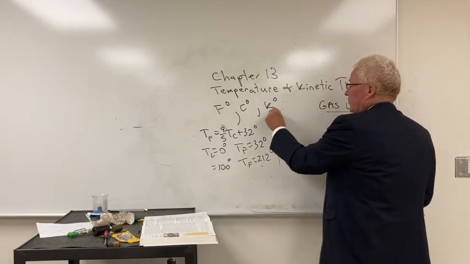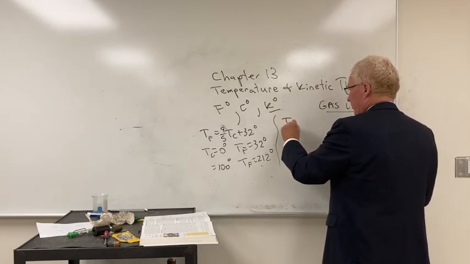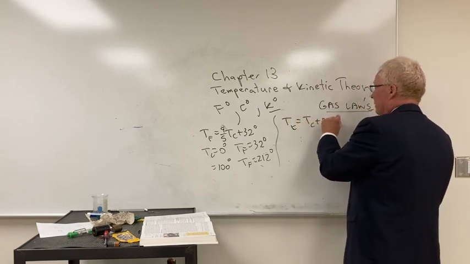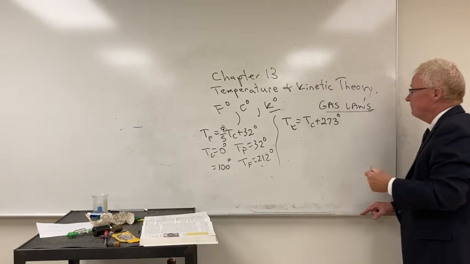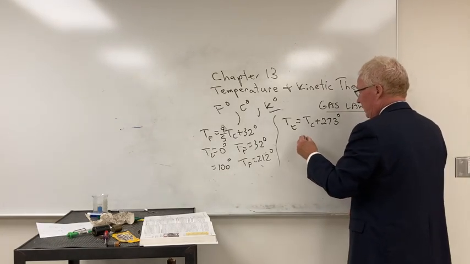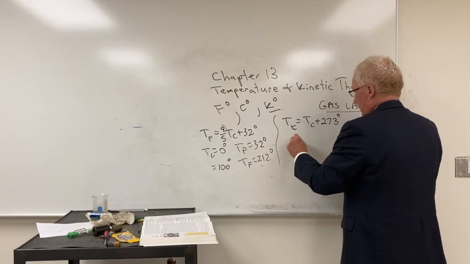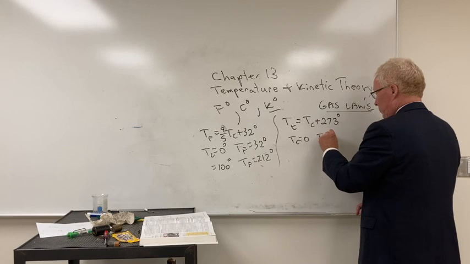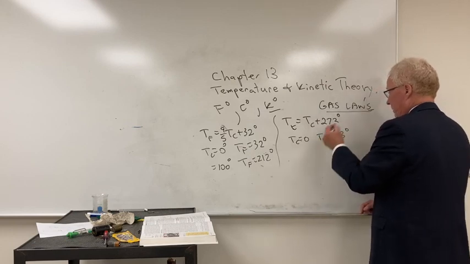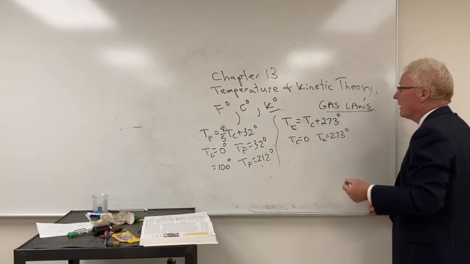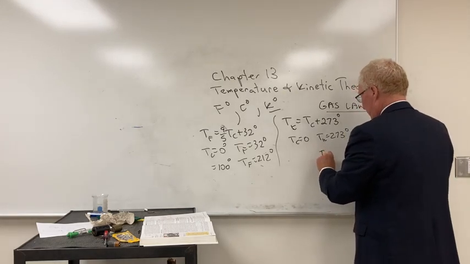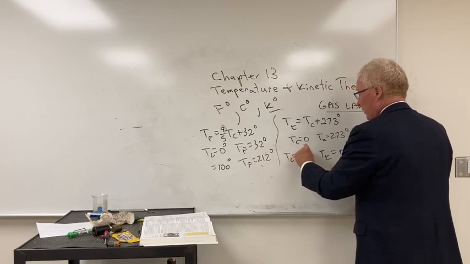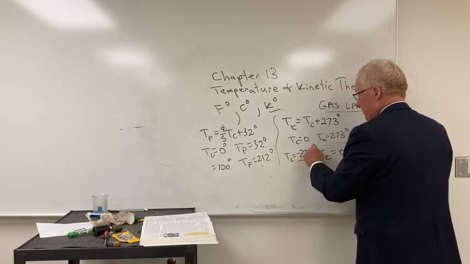So we have the Kelvin scale, and the temperature in Kelvin is temperature Celsius plus 273. What this means is that a temperature Celsius of 0 is a temperature Kelvin of 273. And a temperature Kelvin of 0 is a temperature Celsius of minus 273 degrees Celsius.